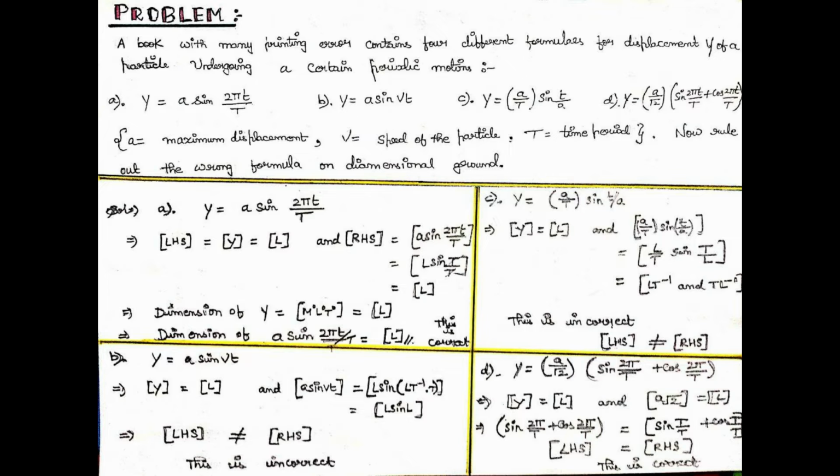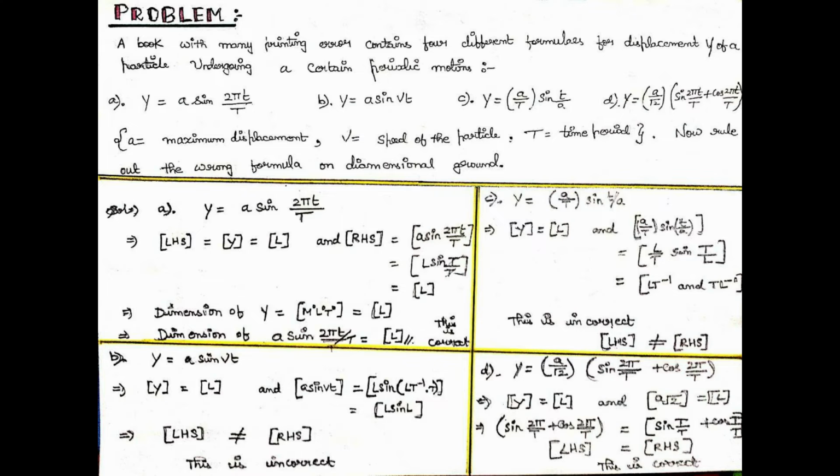Let us do the solution. From option A, we have y equals a sine 2 pi t by T. So from here we have y as LHS and a sine 2 pi t by T as RHS. From the given, y is a displacement, that is known as L, and RHS is a sine 2 pi t by T. A is the maximum displacement, that is the length.